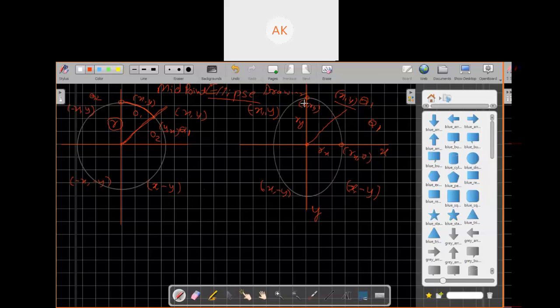So x is increasing, the initial value of x is 0 and it goes to rx, while the initial value of y is ry and it decreases to 0.